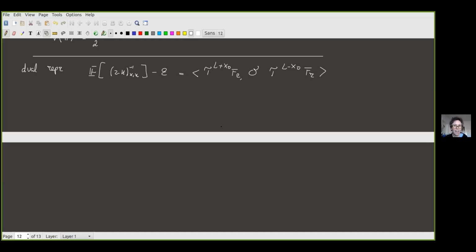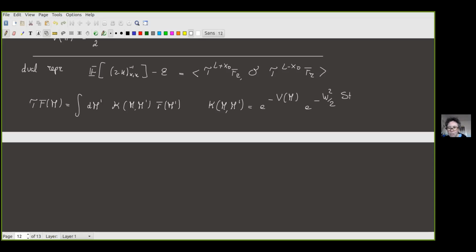And now I will just write the transfer operator, which is the only thing that really is important here. So again, it will be an operator with integral kernel, M prime, f of M prime. And now the kernel is given by exponential minus V of M times exponential minus W squared over 2 super trace M minus M prime squared.